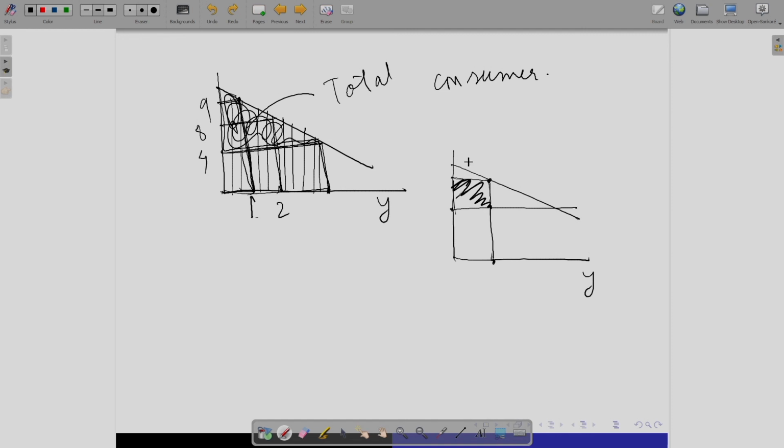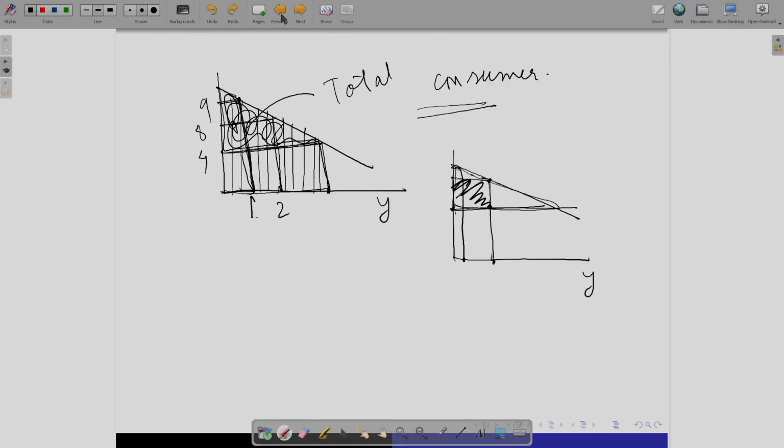Like this, for this unit you are willing to pay this much. So, like this we can go on, the whole triangle is going to be your surplus if we make it very smooth, each dot as one. Okay. So, the consumer surplus means the maximum you are willing to pay minus the amount you pay.